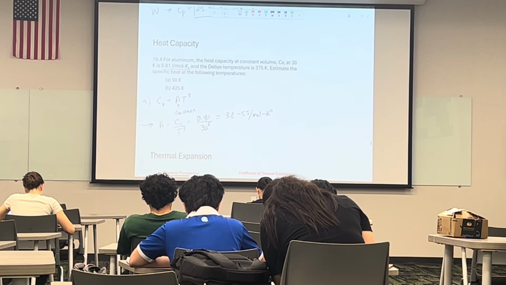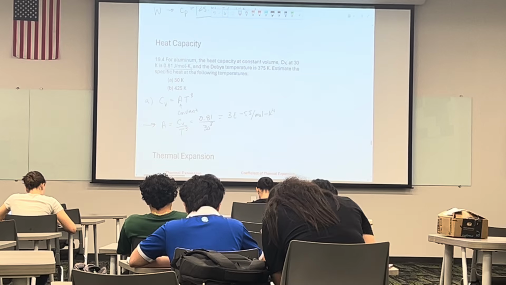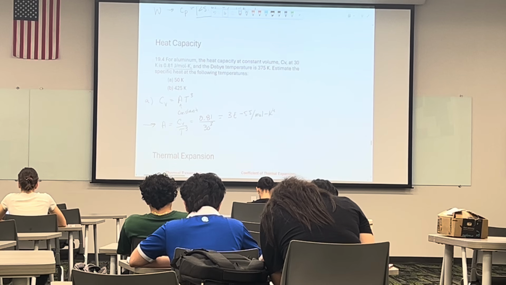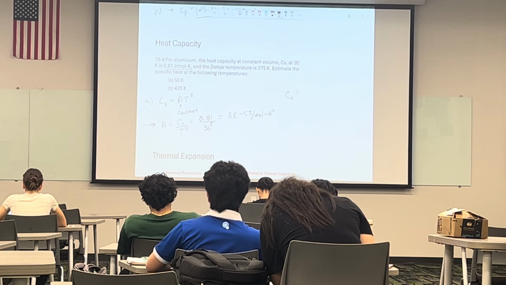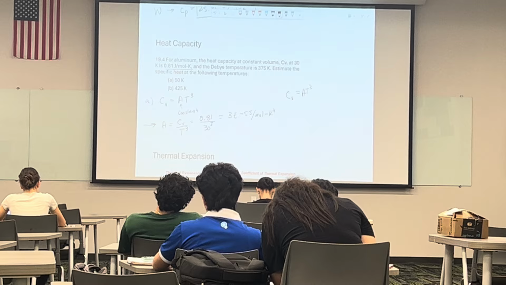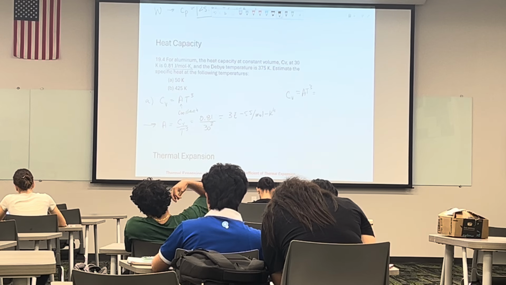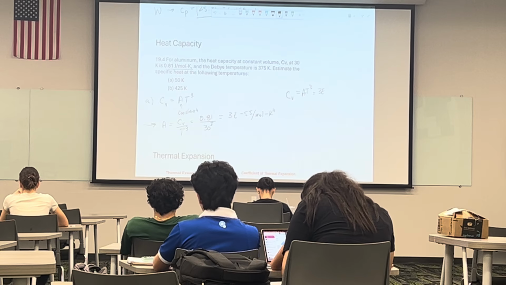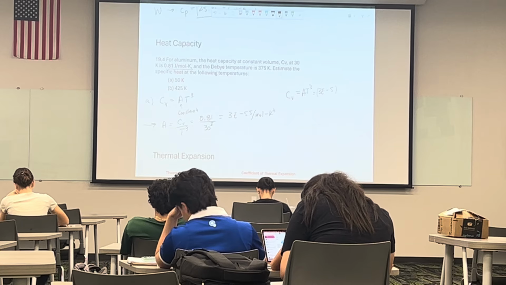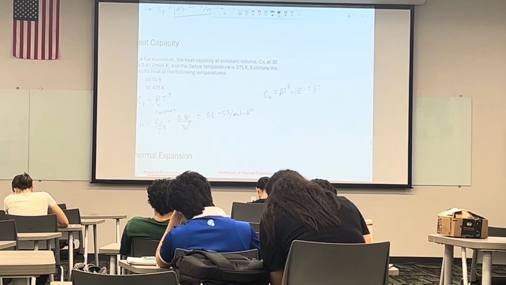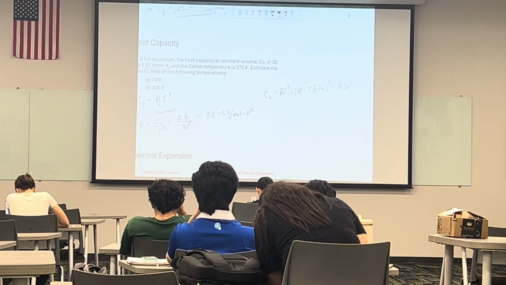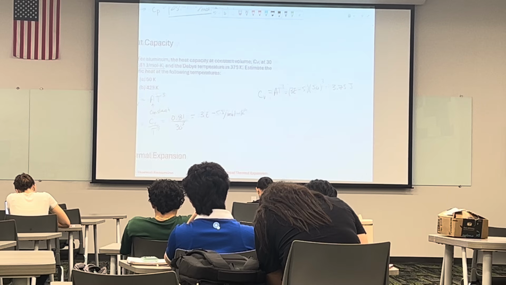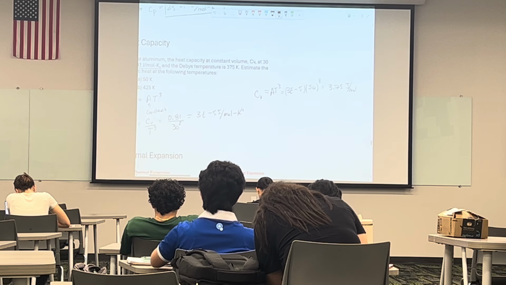Now that we know what that temperature constant, that A variable, is, it's just plug and chug. CV is equal to A T cubed. You plug in the value that we just found, 3 times 10 to the negative 5, multiply that by 50 Kelvin cubed, and you should have 3.75 joules per mole Kelvin.